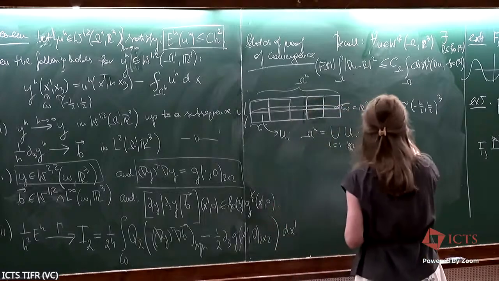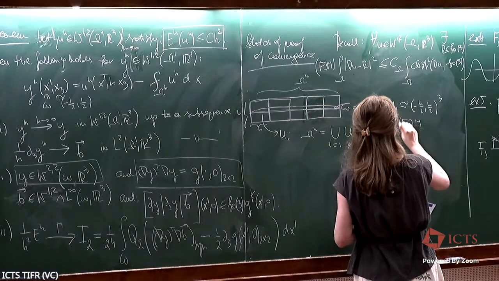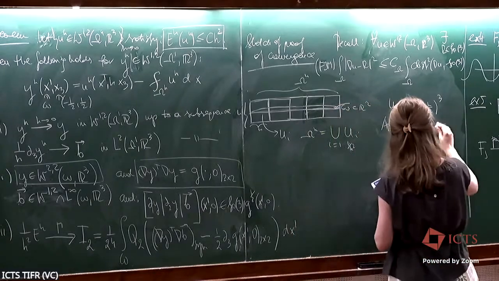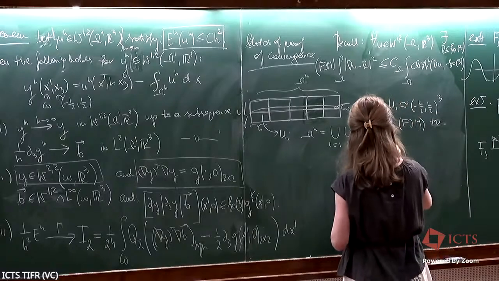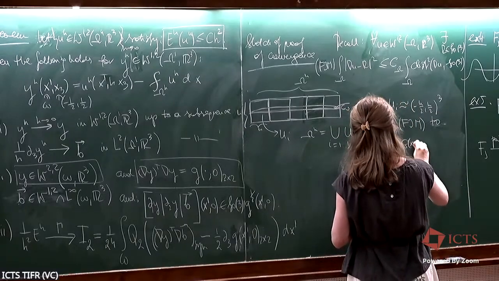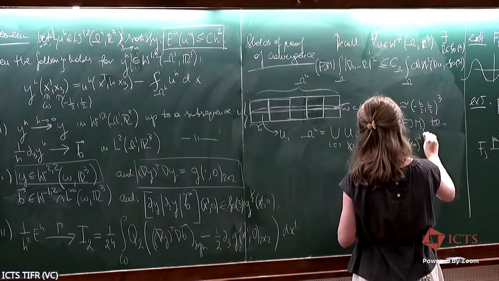So you apply FJM on the cube, but there's a change of variable necessary: u^h composed with g(x0) to the minus 1/2, applied to x.